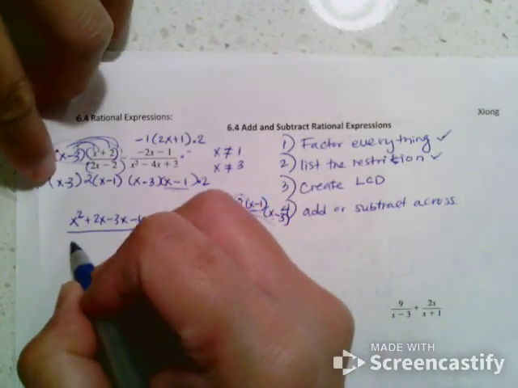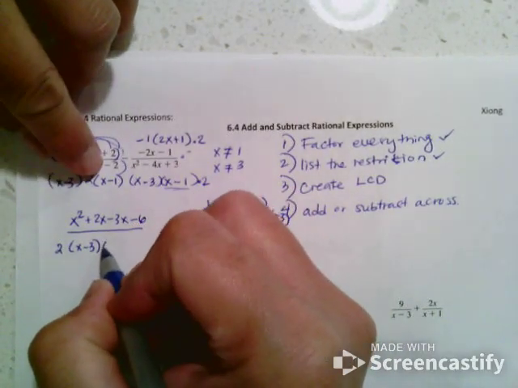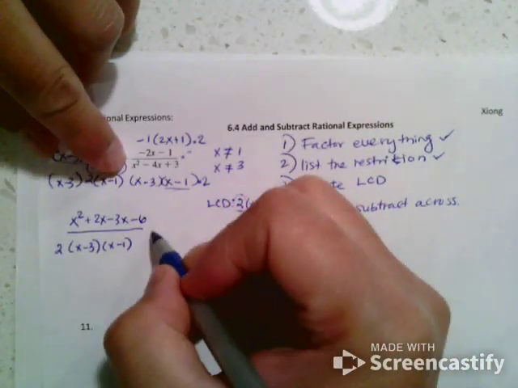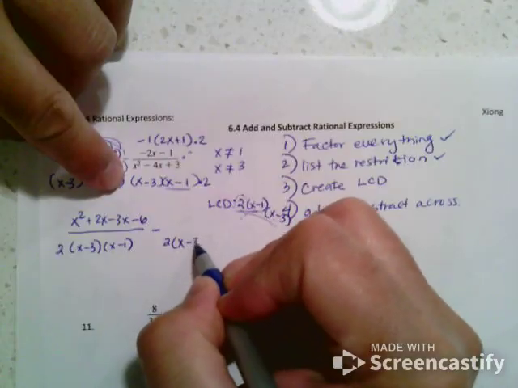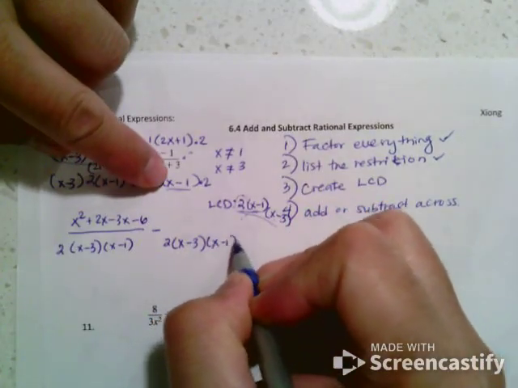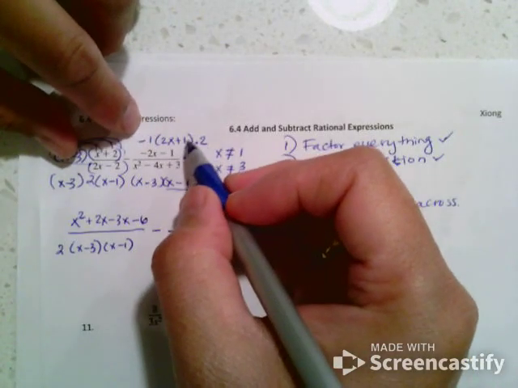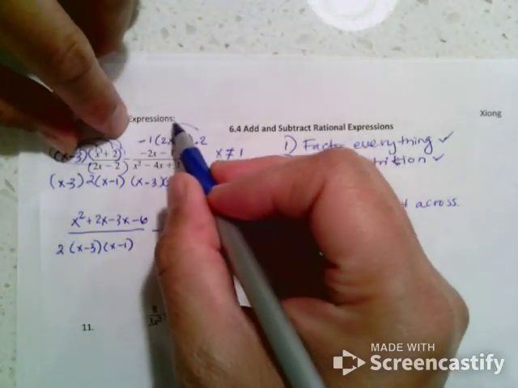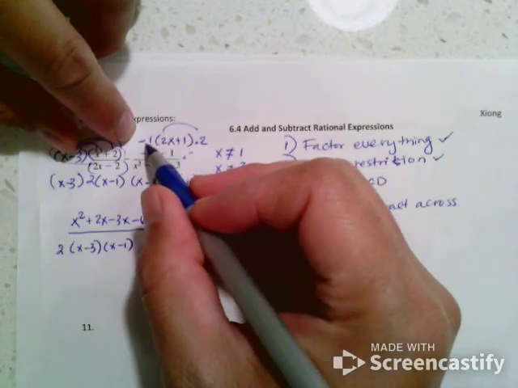And now you have the LCD down here. You have your 2, your x minus 3, your x minus 1. This one here, we have our 2, we have our x minus 3, x minus 1. And in the top, it looks like we'll have to multiply this one back in.